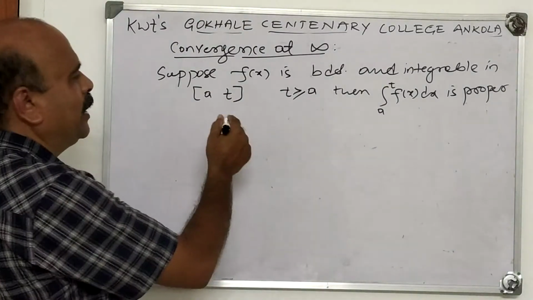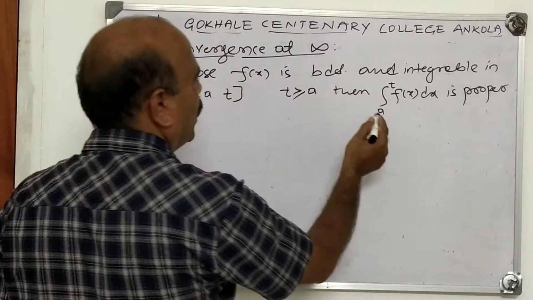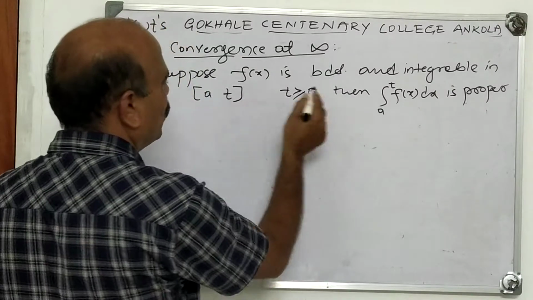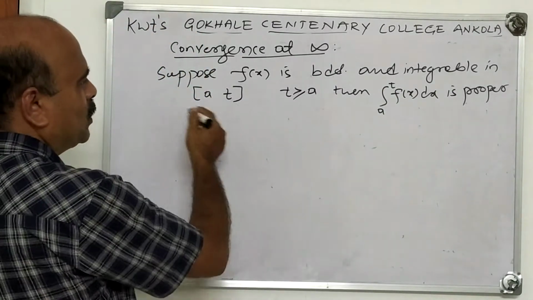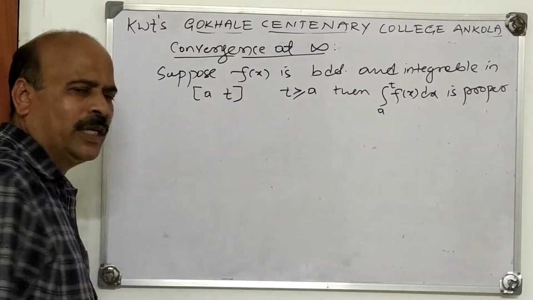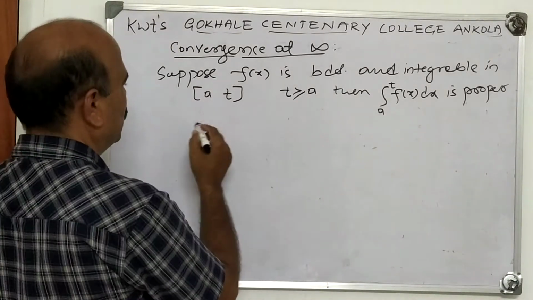Suppose f(x) is bounded and integrable in [a, t], and t is greater than or equal to a. Then the integral a to t f(x) dx is therefore proper. Proper means it exists. We assume that every proper integral exists.